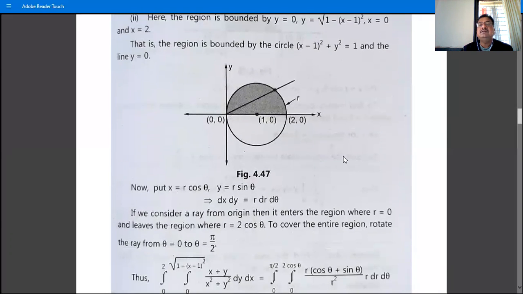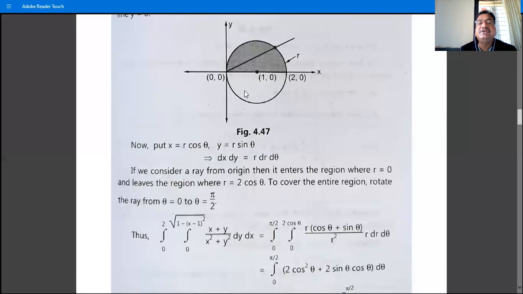So if we consider the ray from the origin, this ray enters the region where r is 0, and leaves the region where r is 2 cos theta.